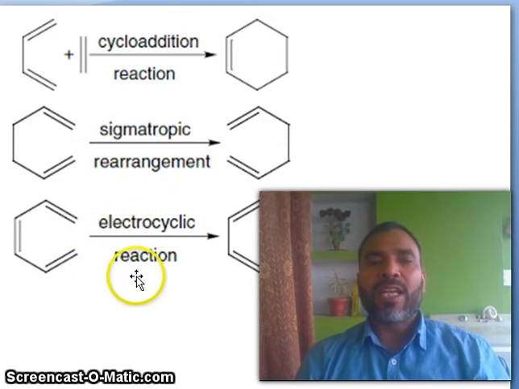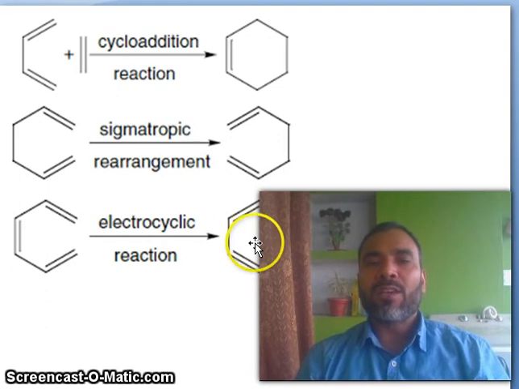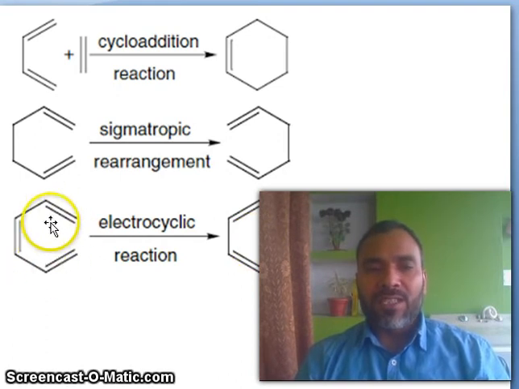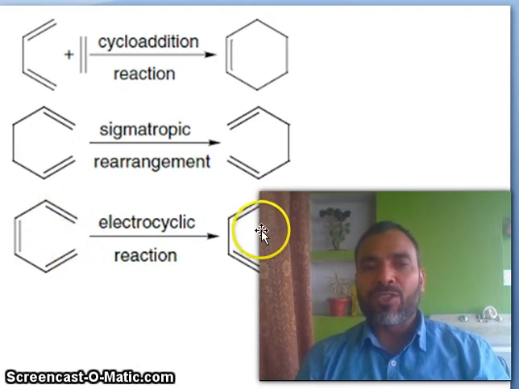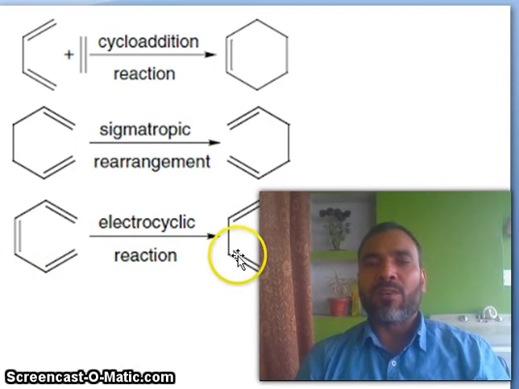You see the electrocyclic reaction. Here also cyclization occurs, but this is not cycloaddition, because here it is a single compound and only the electrons are shifting from one position to another, and it forms a ring. This is the electrocyclic reaction.